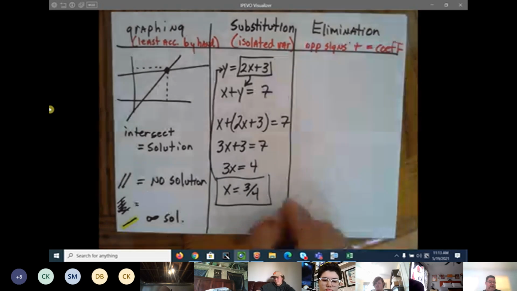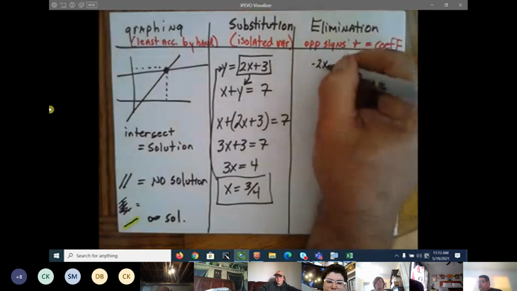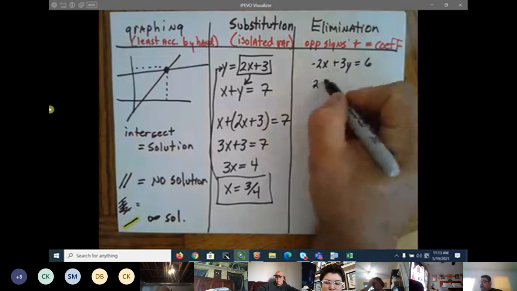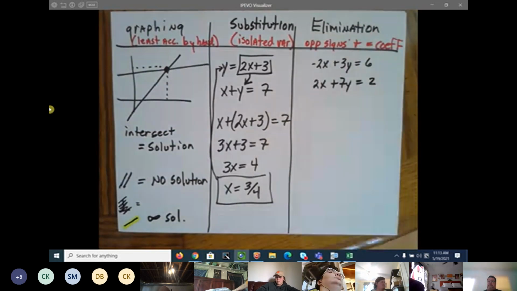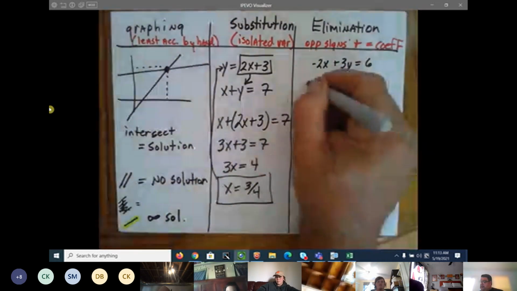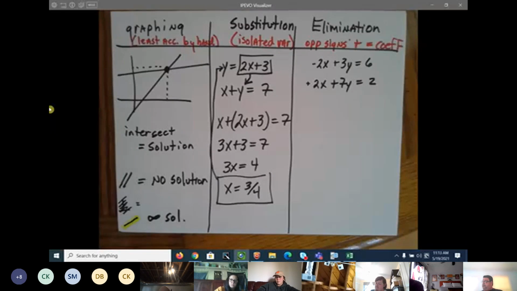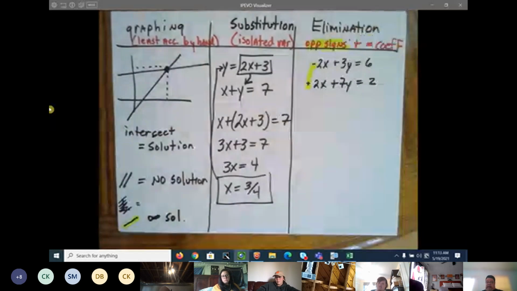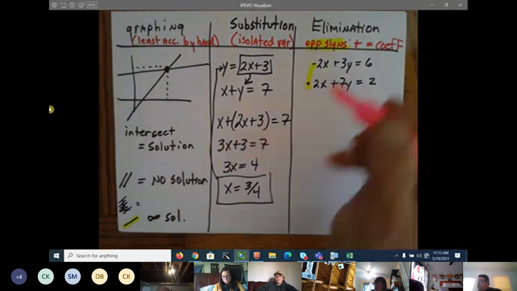Elimination. Here's a good example. This one will be easy because it's negative 2x plus 3y is equal to 6, and 2x plus 7y is equal to 2. All right, now this one, you already have the opposite signs, and you have the same coefficients.